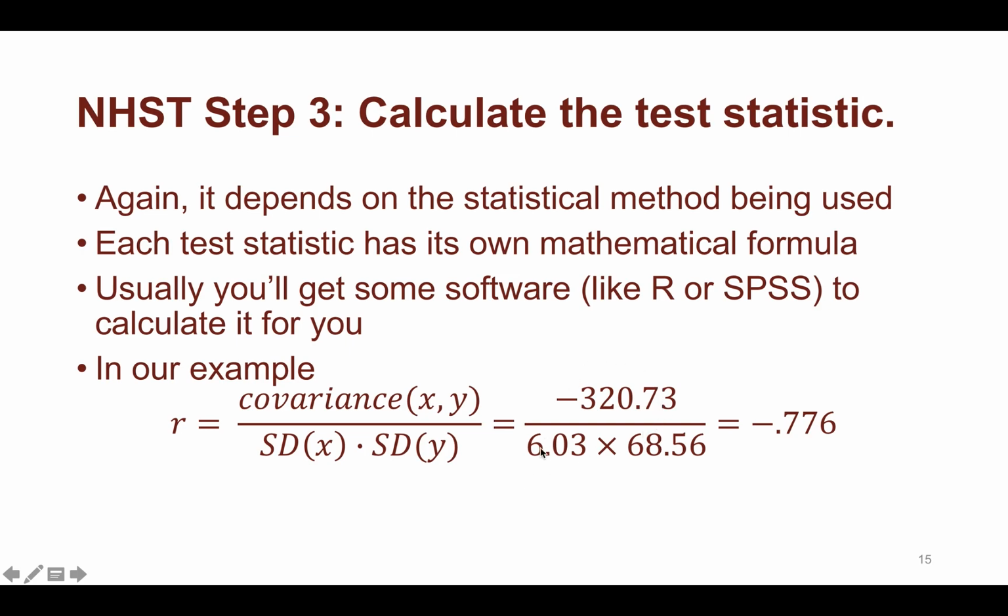And here are those values. I believe x is gas mileage and y is horsepower. And when we do this calculation, we find the correlation coefficient to be about negative 0.78, something like that.